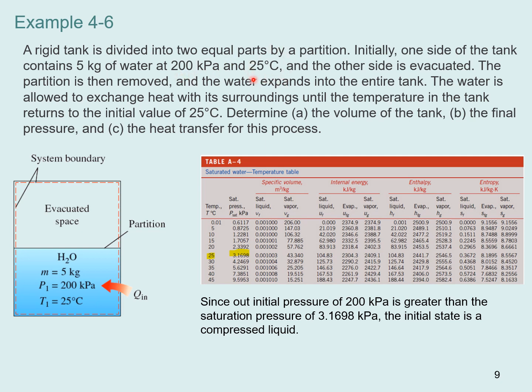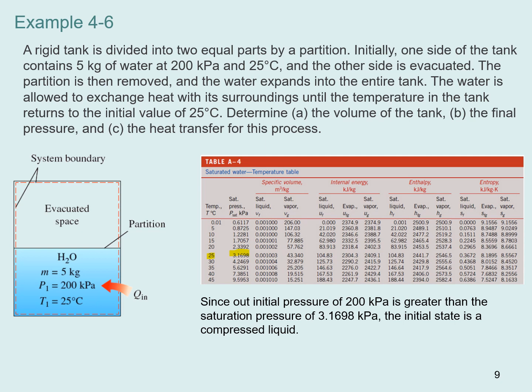So I'm going to go ahead and go to table A4 since I have the initial temperature. I look in the table, and at 25 degrees C, the saturation pressure is 3.1698 kilopascals. But our initial state, we're at 200 kilopascals. So we're way beyond the saturation pressure. So that tells me that our initial state is a compressed liquid.